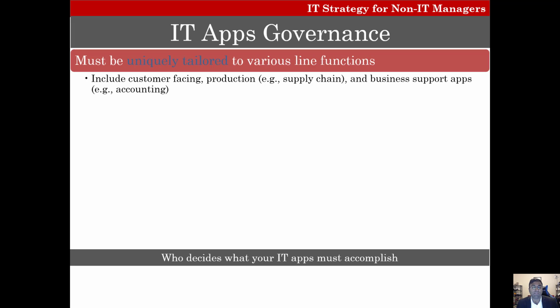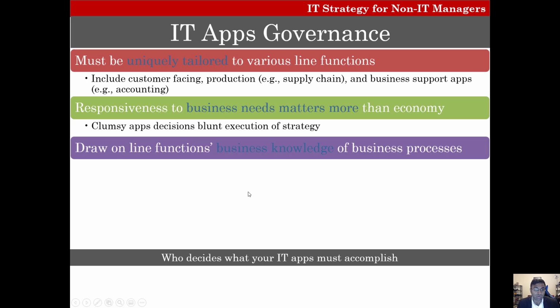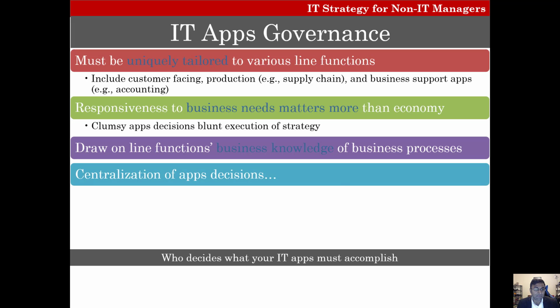They include customer-facing, production, and business support applications, and here responsiveness to business needs is probably more important than economy, because it also feeds into usability. Clumsy application decisions blunt execution of strategy, and so draw on line functions' knowledge of business processes.